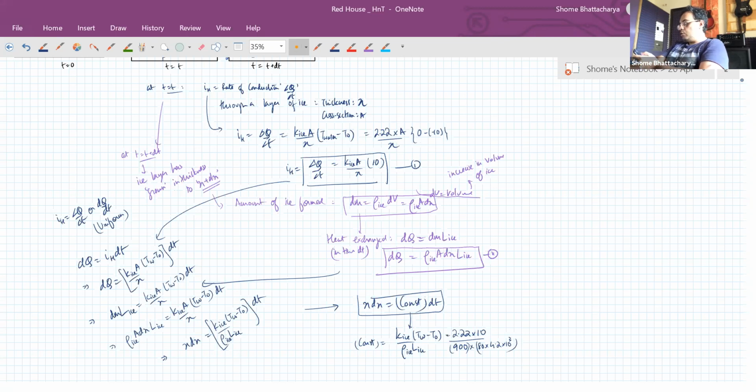You see that it takes a lot of time for 1 meter of ice layer to be forming, assuming that the temperature consistently remains sub-zero.